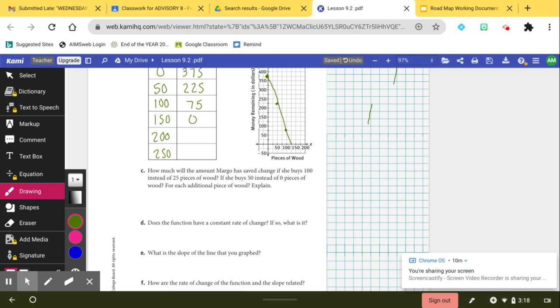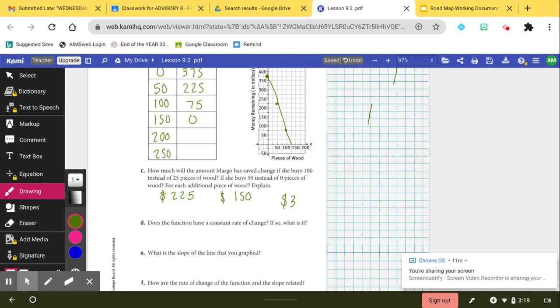So she would save 225, or how much she will have saved will change by $225. And then if she buys 50 instead of 0, well, if she bought 50, she'd have 225 left. And then if she bought 0, that's a change of $150. And then each piece of wood changes by $3.